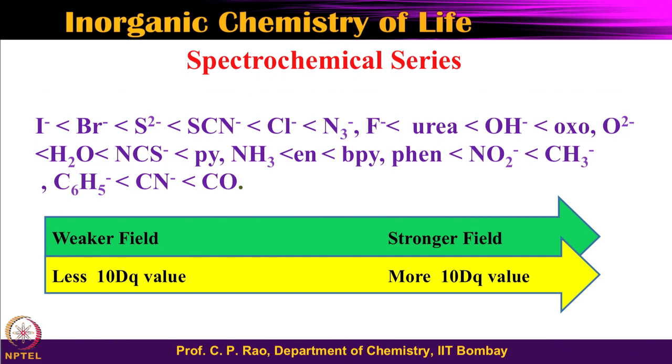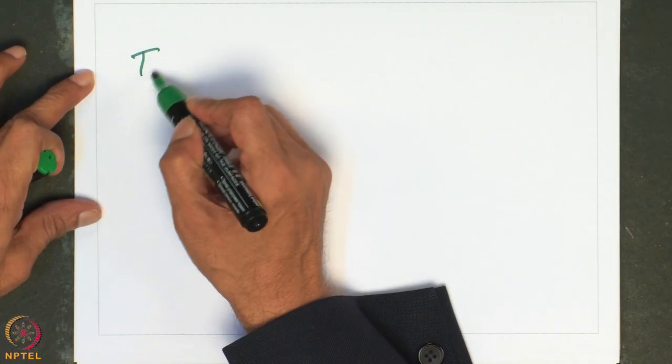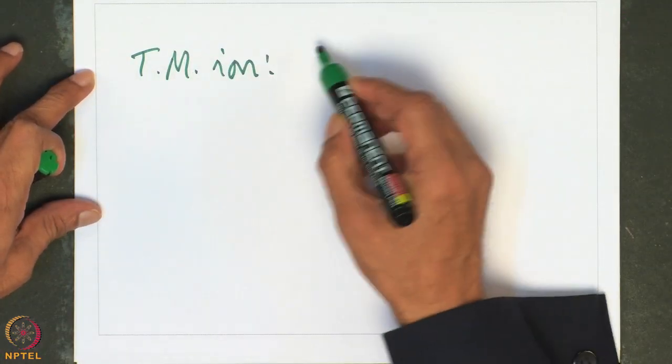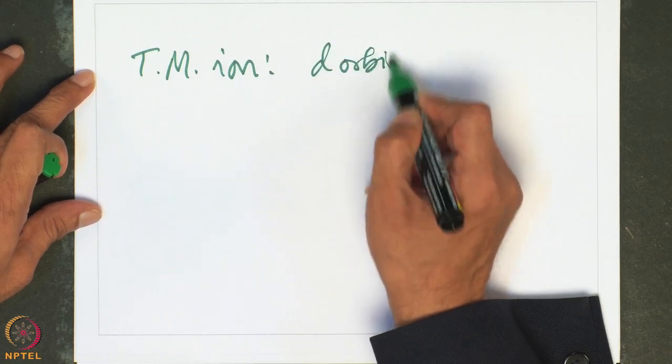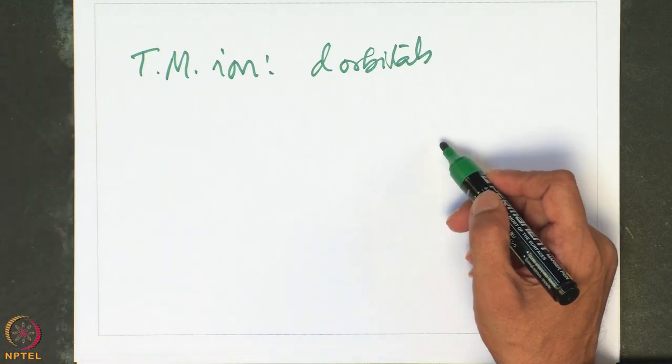One other very important aspect that I need you to see is as follows. We have looked at the different geometries. You know that different geometries will split the energy levels of the transition metal ion differently. Any transition metal ion has d orbitals, so we need to consider mainly the d orbitals.